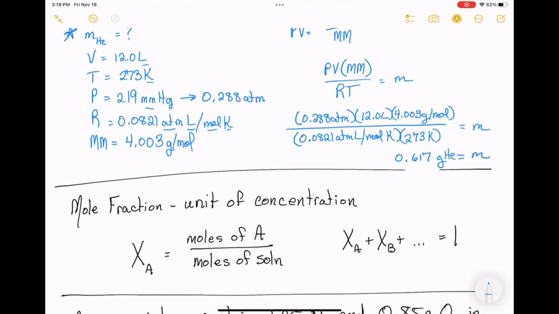Mole fraction is represented by the Greek letter chi, or an X. So if I have X of substance A, or mole fraction of substance A, that would be moles of A over my moles of solution. Where basically, folks, this moles of solution is the same thing as moles in total.